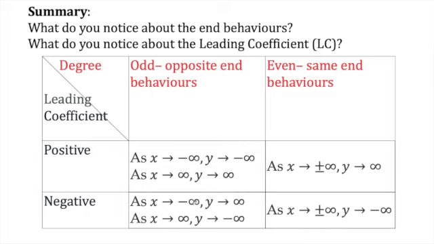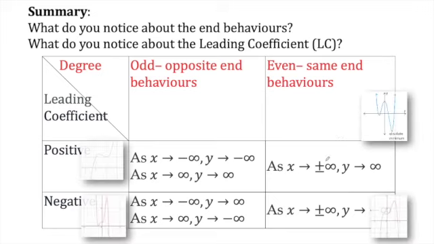Then if it's negative, these are positive infinity, negative infinity. And then even are either as it approaches positive or negative infinity, it's going to approach positive infinity. Or as it approaches positive or negative infinity, it's going to approach negative infinity again. So you get used to that as you see the graphs and you go through that. So that's a little summary for you. Okay.